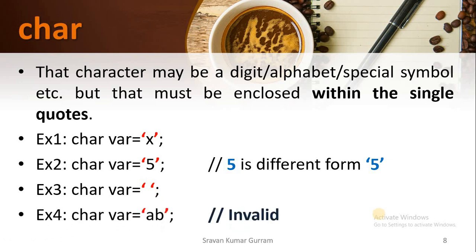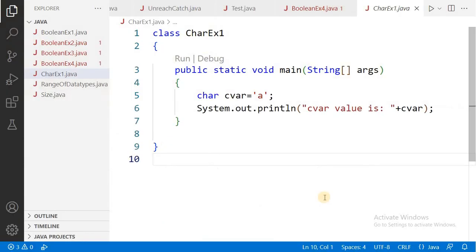Now example 4. In this case, I am trying to assign 2 characters. Even though I am using single quotations, I am writing 2 characters. This is invalid. That allows only a single character. Now see, in this example, we are creating a character variable and assigning some character, and that should be enclosed within the single quotes.